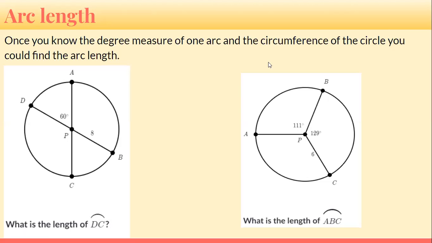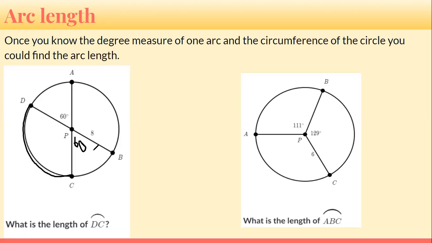It says, what is the length of arc DC? That's this bigger arc, okay? Remember how I talked about vertical angles? As you can see, angle DPA and angle CPB are vertical angles, right? So this is also equal to 60 degrees.